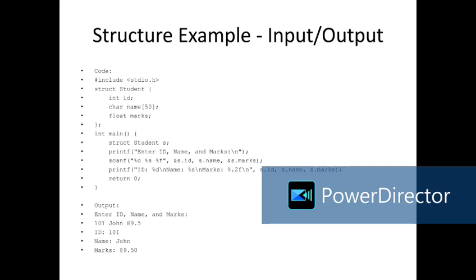We print the values back using printf. Example input and output would look like this. Input: 101 John 89.5. Output: ID 101, name John, marks 89.50. This example shows how a structure can be used to collect and display related information effectively.